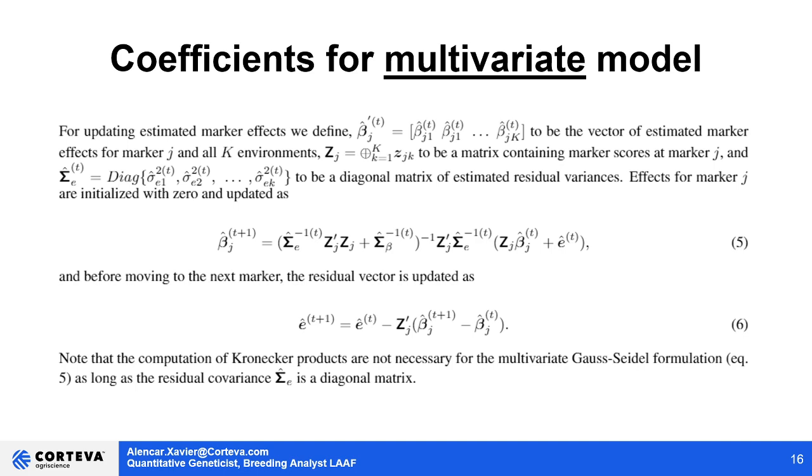You can imagine that instead of fitting that one marker for one trait, you're fitting that marker for several traits. So if you have 5 traits, beta will not be a single value, but instead a small vector of length 5. That means we will be running the Gauss-Seidel on a small system of equations, 5 by 5.